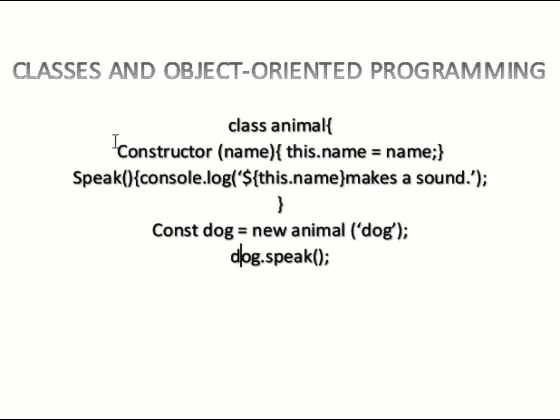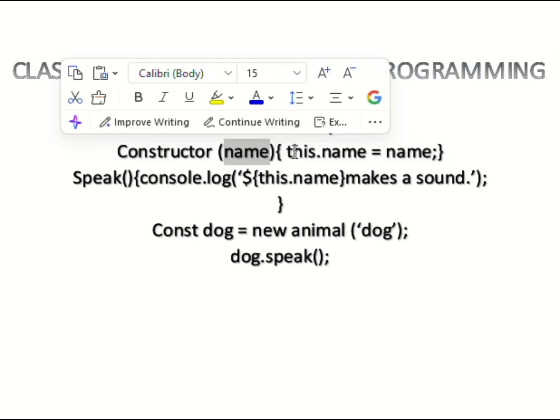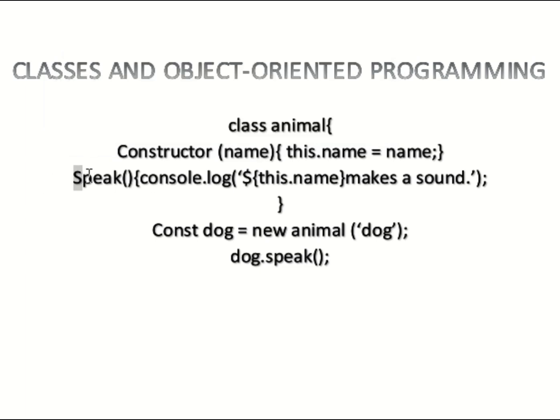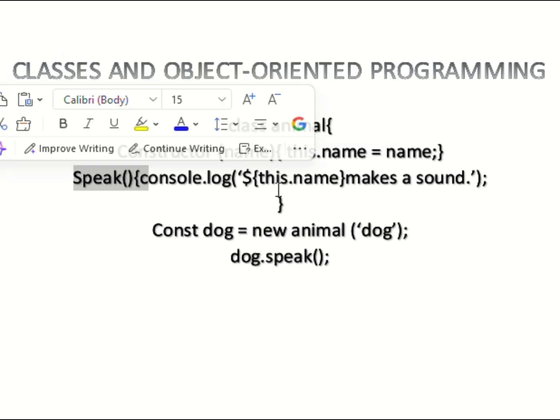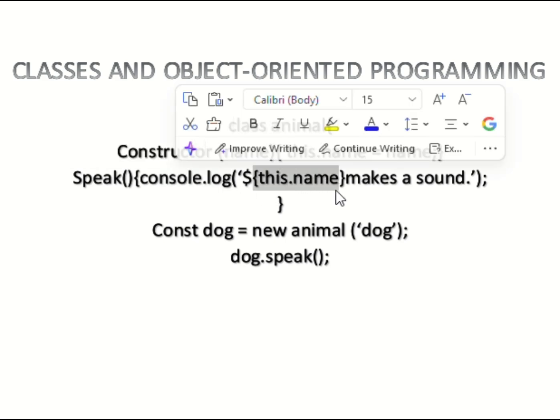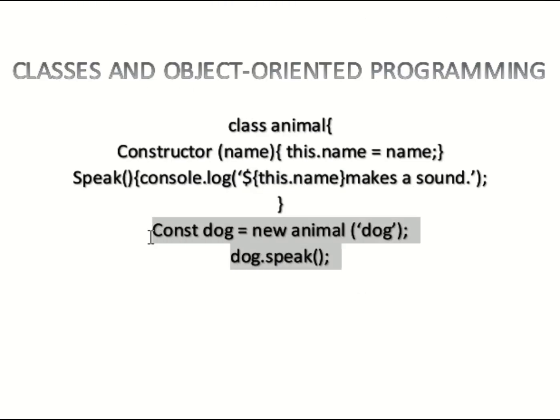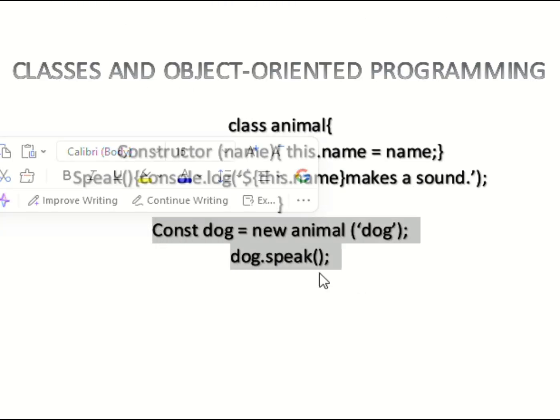The constructor is a special method used to initialize objects created from the class. It accepts a parameter name and assigns it to the name property of the object. The speak method prints the name to the console using the name property of the object. In short, this class represents an animal with a name and it has a method to make the animal speak.